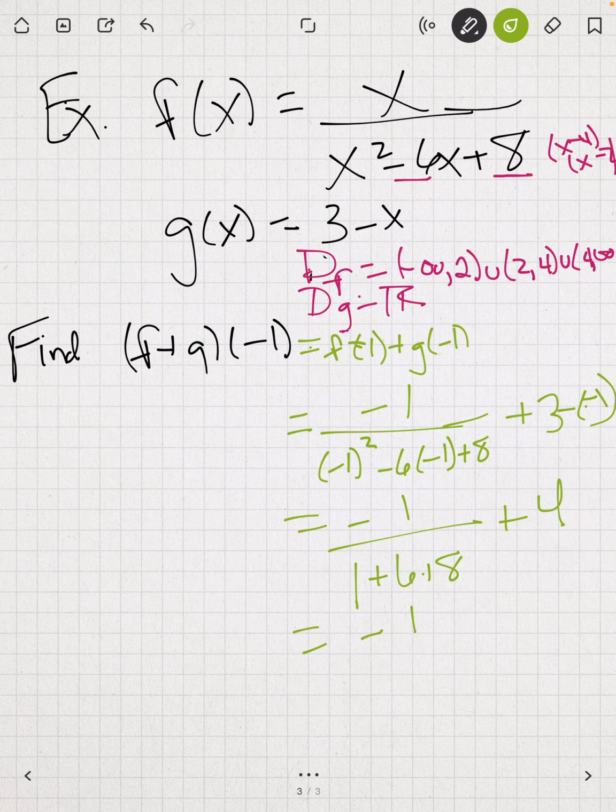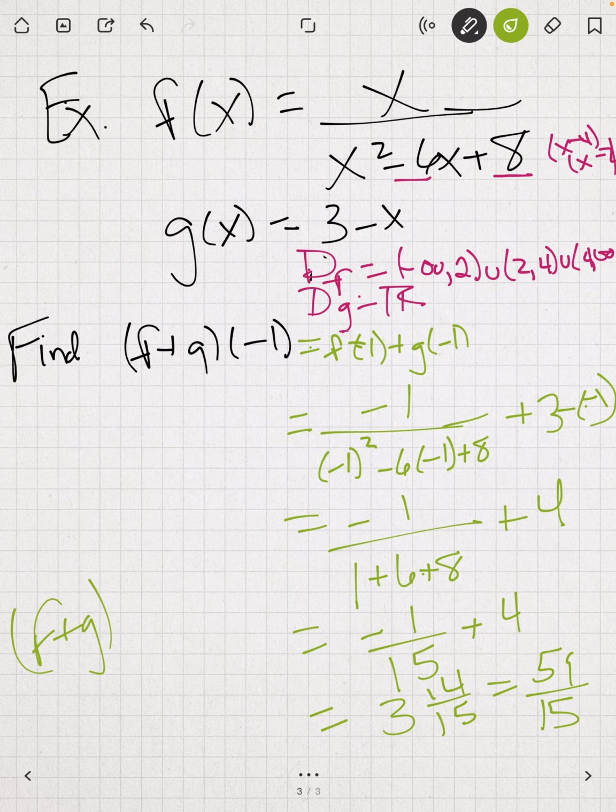So negative 1 over 6 and 8 is 14, 15. Negative 1 15th plus 4. That's 3 and 14 15ths. 15, 30, 45, 59 15ths. So f plus g at negative 1 is 59 15ths.